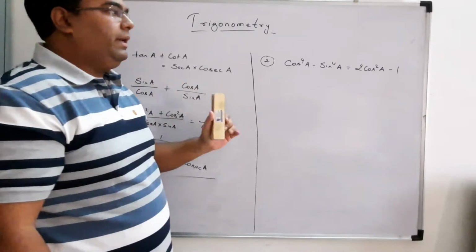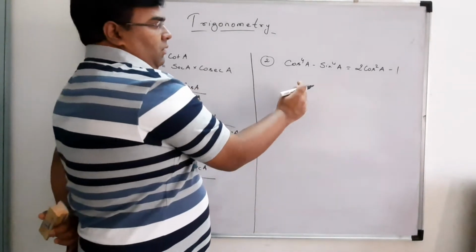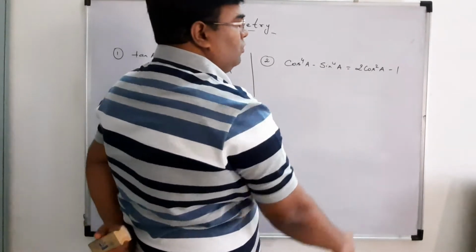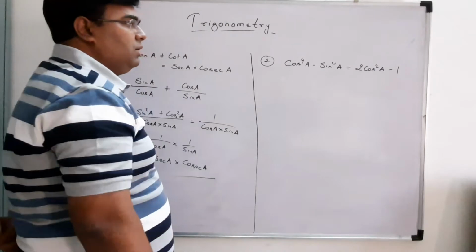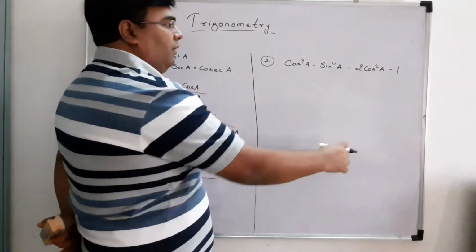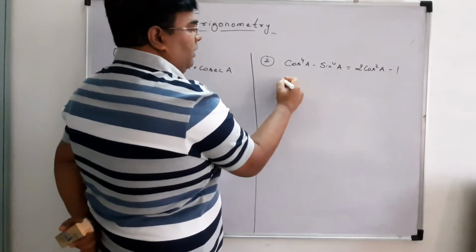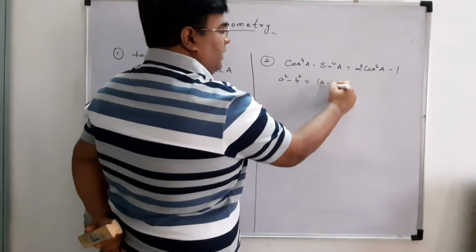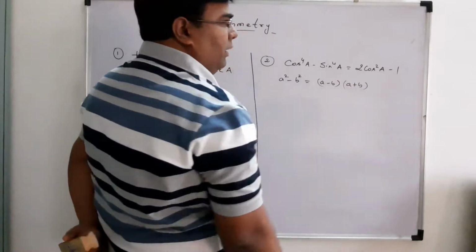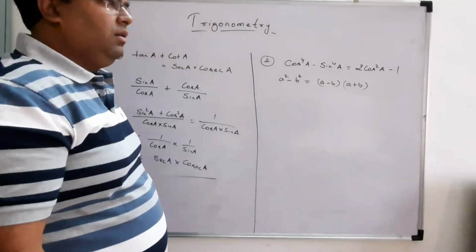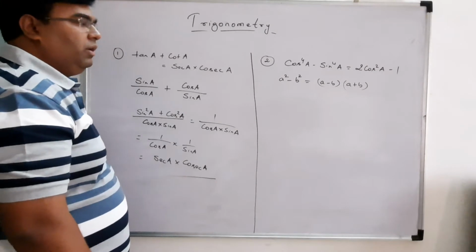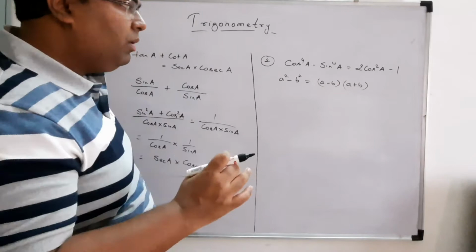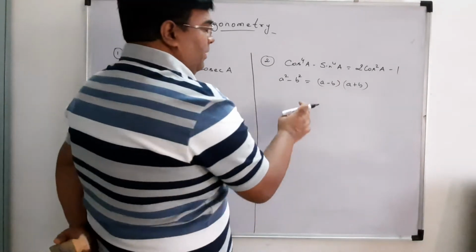Let us do the second example. Cos raised to 4A minus sin raised to 4A is equal to 2 cos square A minus 1. So we know our formula, A square minus B square is equal to A minus B into A plus B. In this chapter, you need to use lots of algebraic identities, so you need to remember all of them.